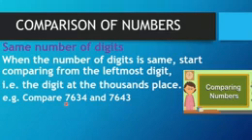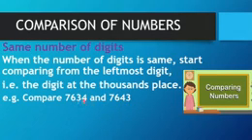I will first see the leftmost digit. That is the digit at the thousands place. That is 7. Here also it is 7. Now let's see the hundreds digit. The hundreds digit is 6. Here also it is 6. Then we'll go to the tens digit. The digit at the tens place is 3 here. And here it is 4. So that means 3 is less than 4.